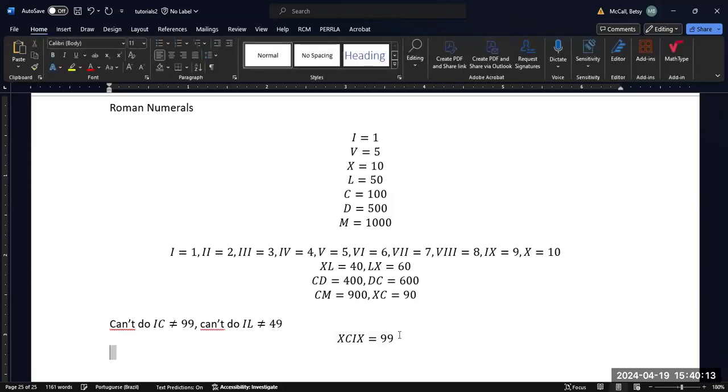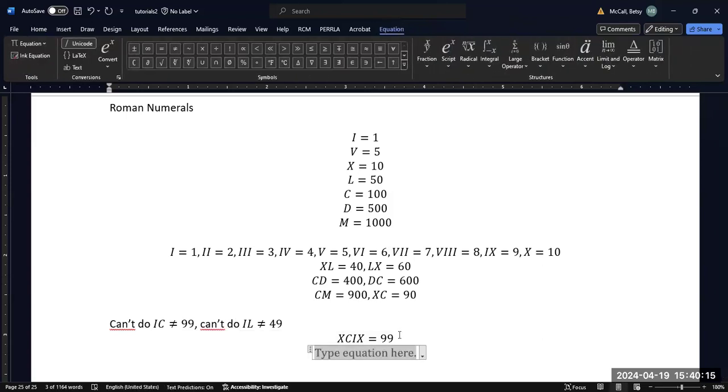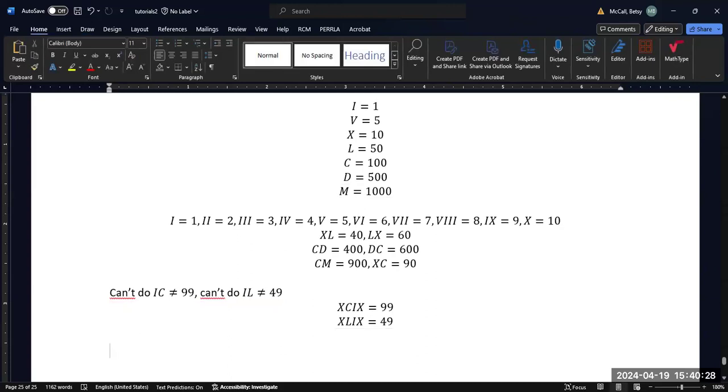So to get 49, I would have to do XL to get 40, and then IX to get the 9. Again, the Roman system is really weird. I cannot fathom doing addition in this without also learning how to use an abacus, because the systems really are intended to be used together.